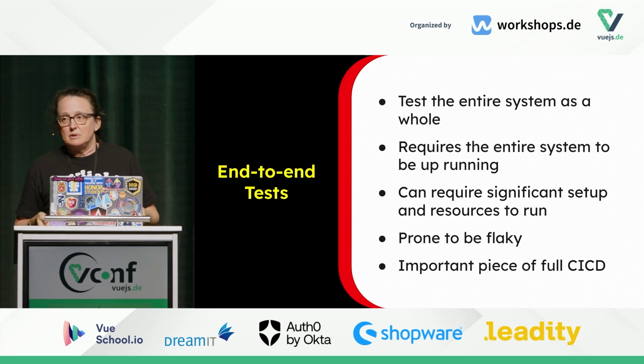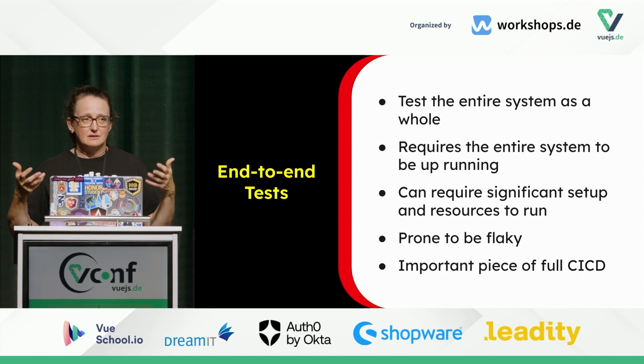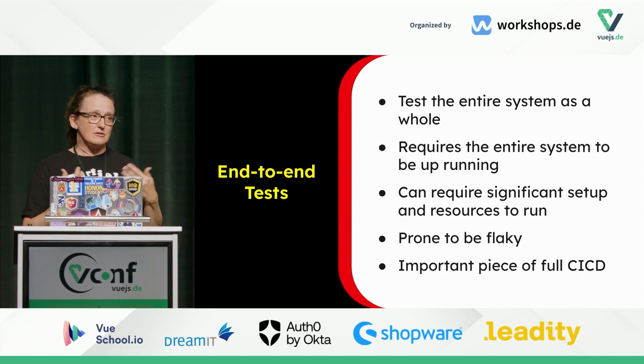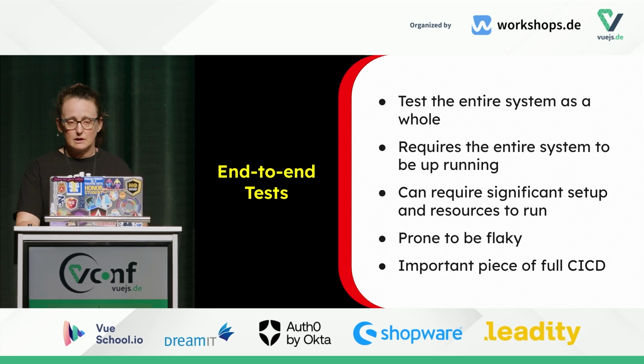And these can be prone to being flaky, because since you're actually hitting services, you can end up with data issues and stuff like that. But these are also a really important piece of full CI/CD. So this will give you the confidence that the entire system is working together.